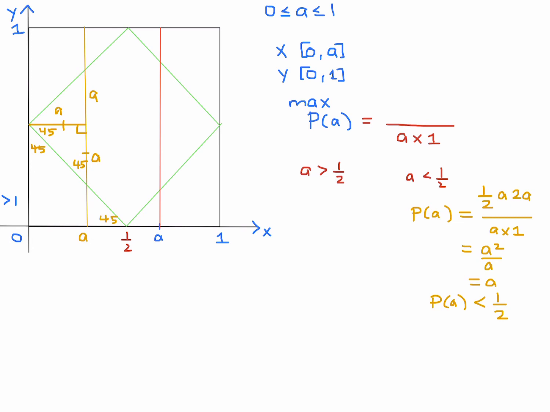When A is greater than a half, now I've got to do pretty much the same thing. But this time, I have to look at a slightly different set of shapes. The total probability, again, is that rectangle. That's not going to change, so that's just A times 1. But now the numerator is a little bit different. That numerator now is this guy right here.